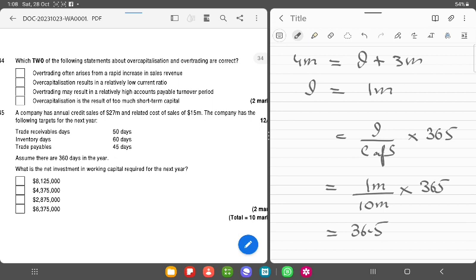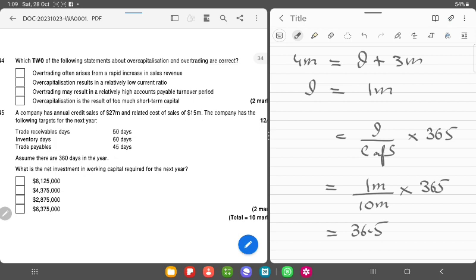It is absolutely right, because if you extend your credit policy, giving an extended credit period to your customer, the customer will demand more, you have to sell more, and your receivables will increase. So as a result of offering an extended credit period, sales will increase. So this is true.